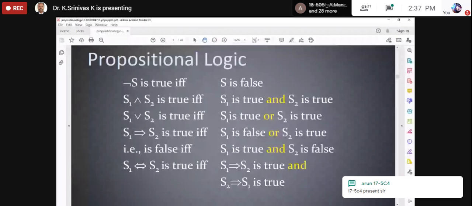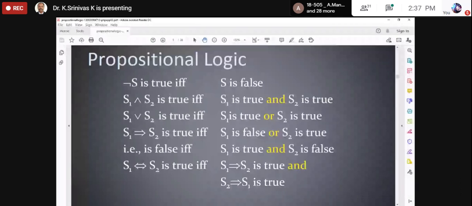Yes. That means what? My false has become true. S1 and S2 is true if and only if S1 must be true and also S2 must be true. Have a hall ticket and have an ID card. Both.